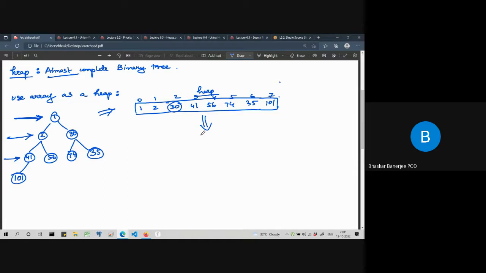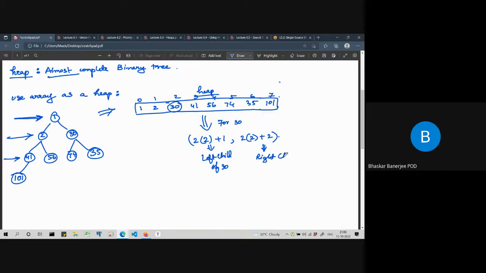So whatever the index is for 30, you multiply that by 2 and add 1. Accordingly, you multiply by 2 and add 2. These two indices that you are getting, this is the left child of 30 and this is your right child.